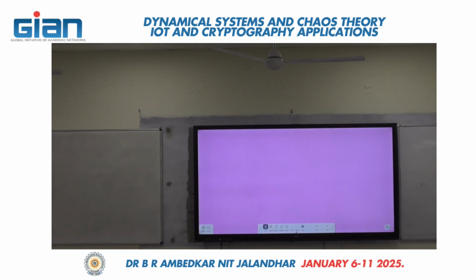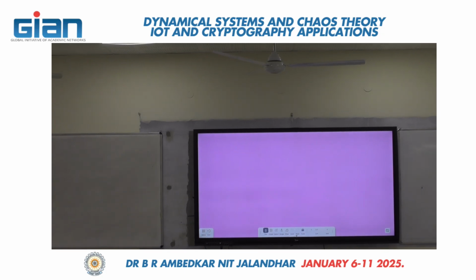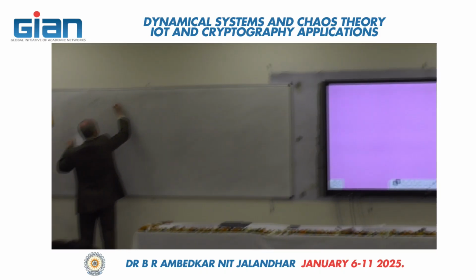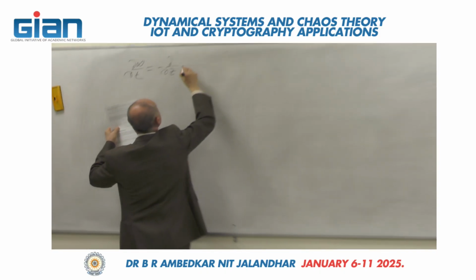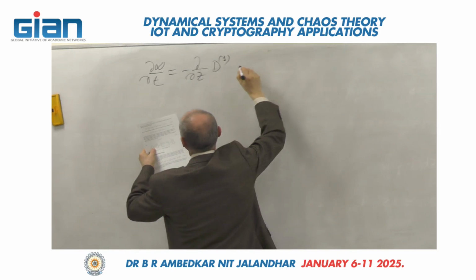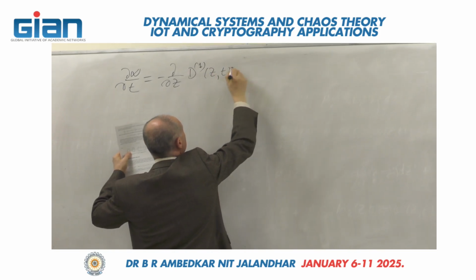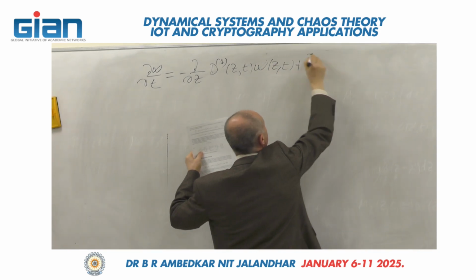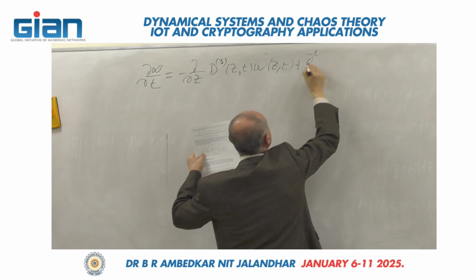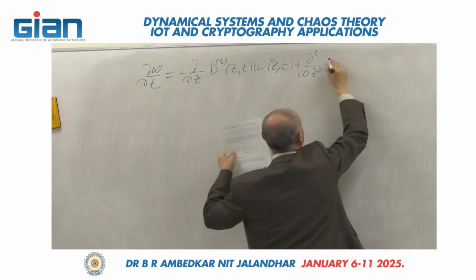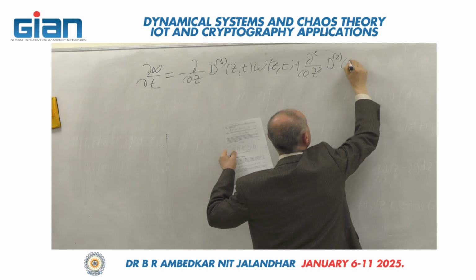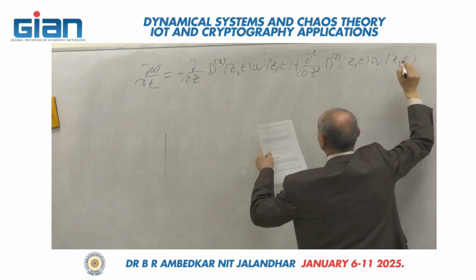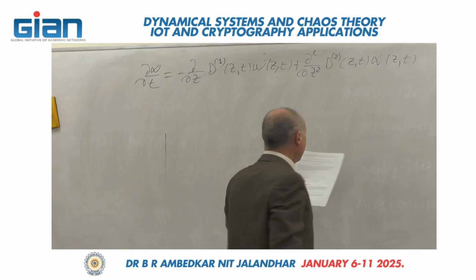dw by dt equals minus d by dz of a d1 of z and t w of z and t plus d2 by dz squared of d2 of z and t w of z and t, okay?